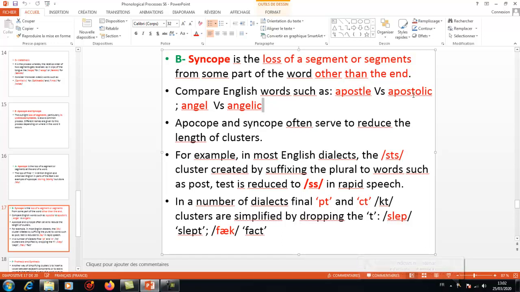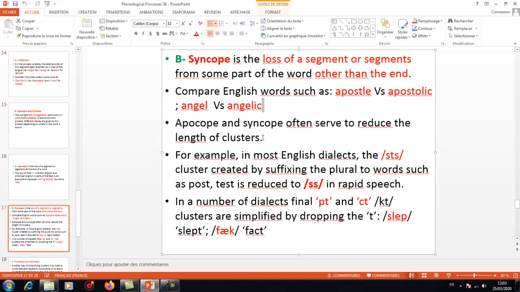It becomes apostolic. Same thing here. We have a certain vowel between j and l which is missing. We say angel. But in fact, this vowel which is weakened is made a strong vowel. It becomes angelic.